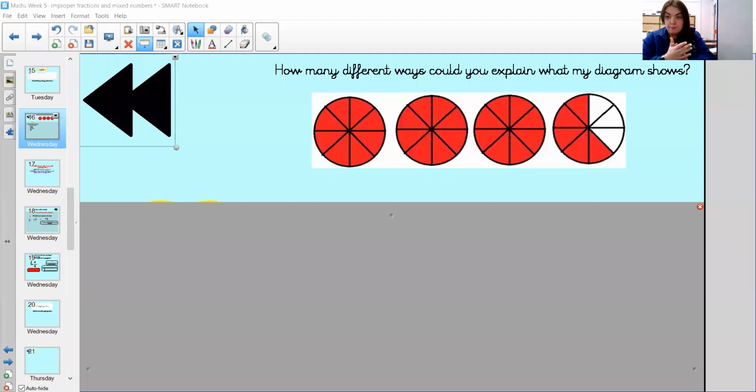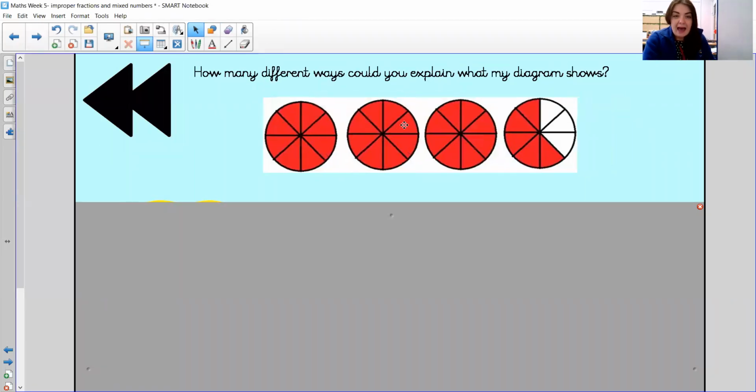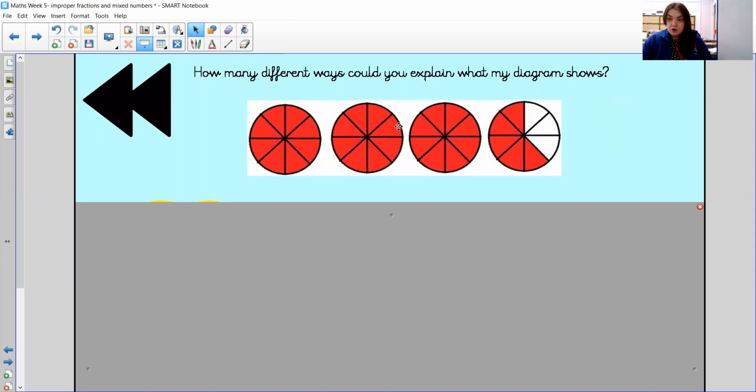Okay, so we're going to start with a little rewind of what we've been doing for the last 2 days. Now we've been focusing on improper fractions. Okay, so I just want you to have a look at this. We're going to rewind, and I simply just want you to have a think. How many different ways could you describe what that diagram shows there?